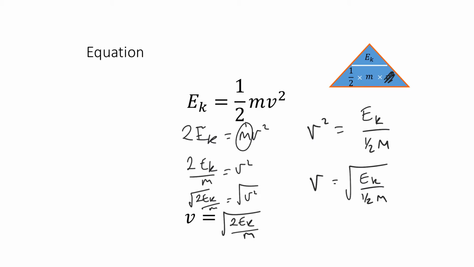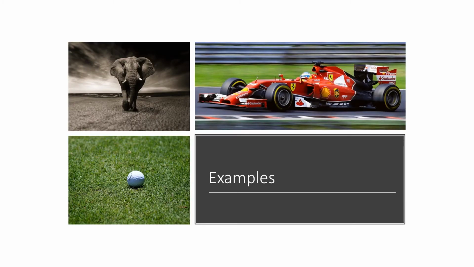Before we go any further, let's just look at some examples of kinetic energy in action. So the first example would be the elephant. Now we all know elephants have a very large mass. They can actually run very fast, and the combination of the mass and its velocity together, that's what's going to hurt if you're in a collision with an elephant.